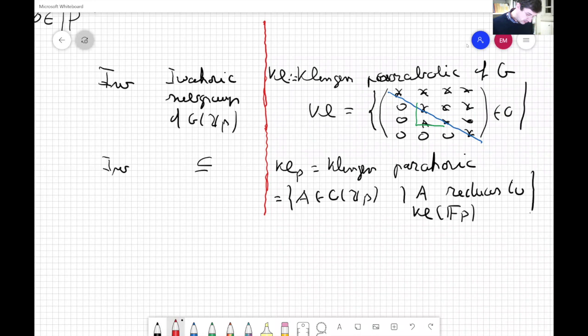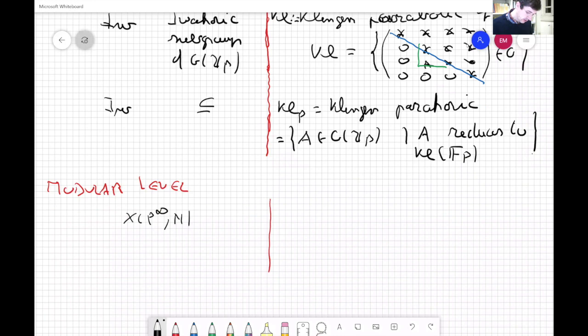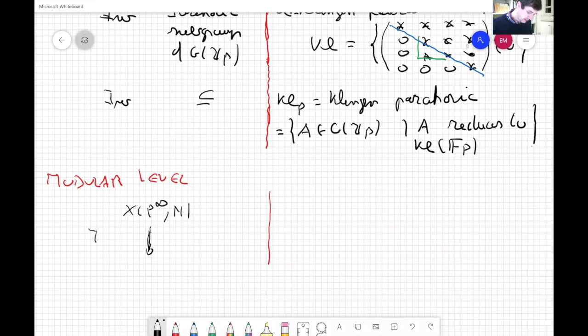So at the modular level, so yesterday, continuing this subdivision, we had the subquotient of this Galois cover given by this perfectoid tower, which is the Siegel variety with the Iwahori level structure.